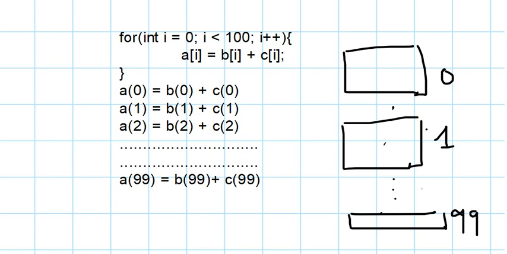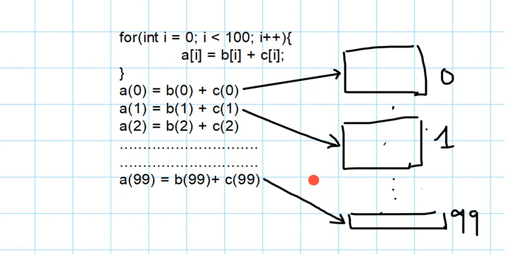Now you send the first addition operation to the first processing element, the second addition to the second processing element, and the 100th addition operation to the 100th processing element. All of this can be done in a single go.